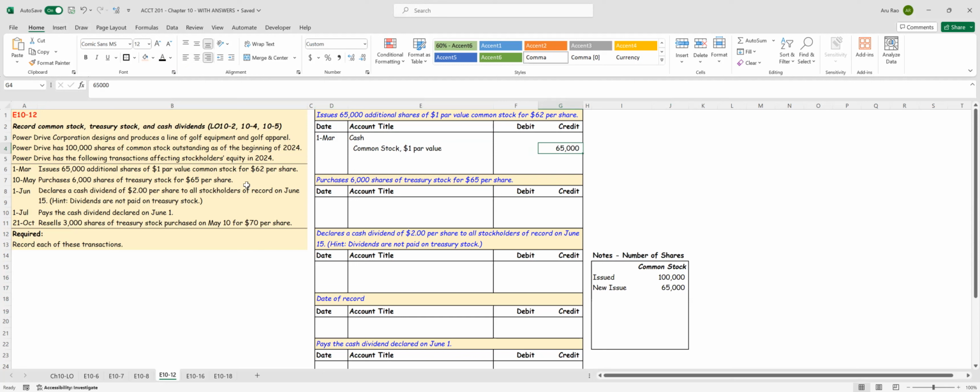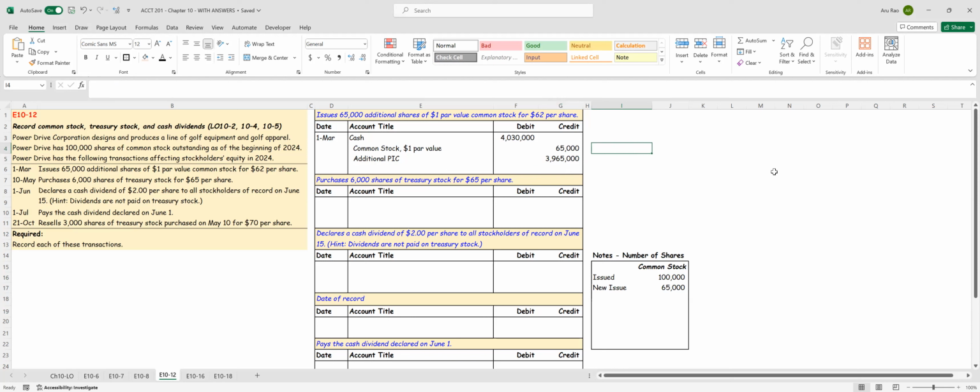The cash I collected is $62 per share, 62 times 65,000. That's the amount of cash I've collected. Now, the additional paid in capital is an extra $61 per share for the 65,000. So let me write that down over here on the side so we can see this.